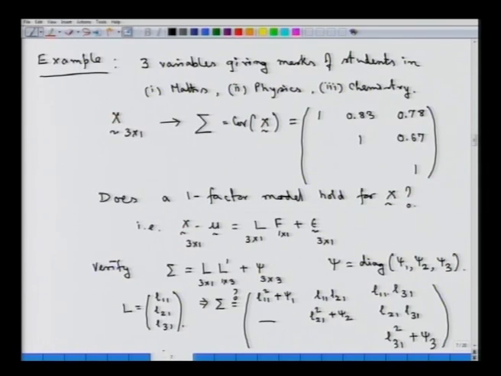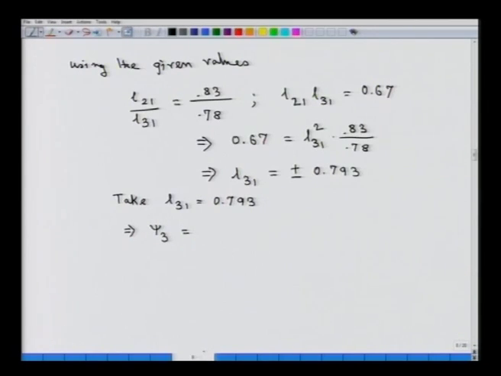Now look at the expression L31 square plus psi 3 equal to 1. So psi 3 is equal to 1 minus L31 square, and using this L31 value, we get 0.370.